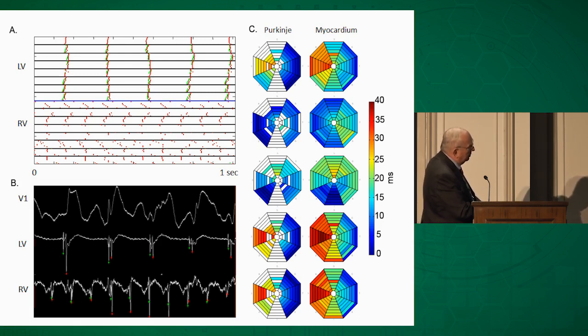Here's another one. So different activation sequences here. Beat 4 is earliest over at the base of the Purkinje here, with latest activation on the opposite side, and the same thing for the next beat. So they look like foci arising in the Purkinje system.